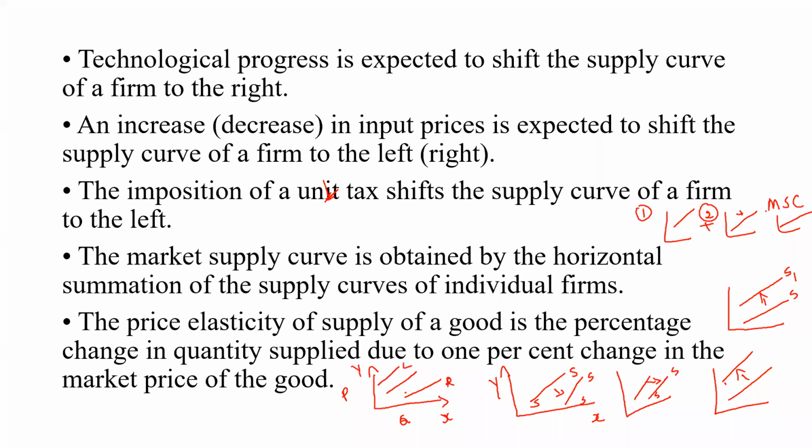market supply curve. Next, the last concept which we have studied, that is about the price elasticity of supply. So elasticity means the responsiveness of one element when another element changes. So here, when it comes to the price elasticity of supply, there are two concepts.